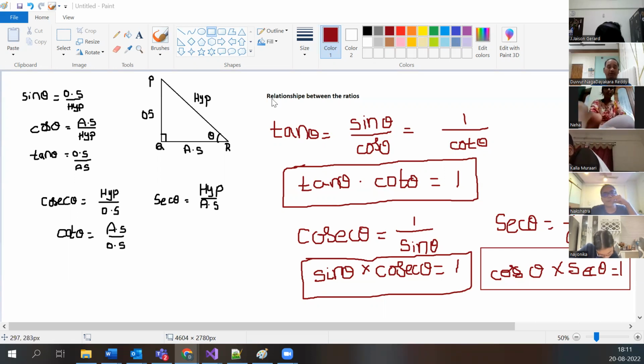Hamsini said that she's not going to join today. All right. Sir, even Yashita won't join the IIT Foundation class. All right. Shall I erase? Sir, just 1 minute.